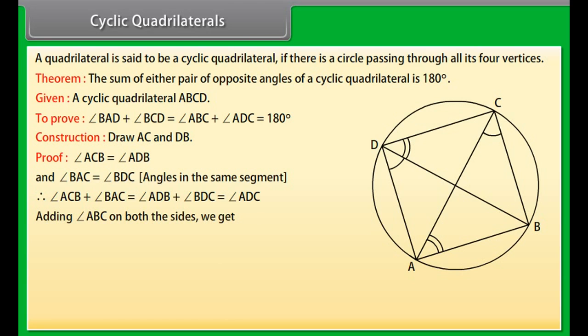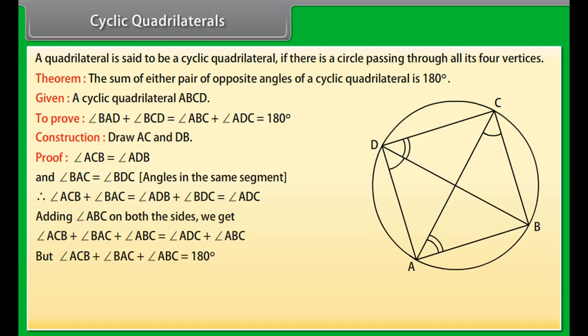Adding angle ABC on both sides, we get angle ACB plus angle BAC plus angle ABC, which is equal to angle ADC plus angle ABC. But angle ACB plus angle BAC plus angle ABC is equal to 180 degrees, because the sum of the angles of a triangle is 180 degrees. Therefore, angle ADC plus angle ABC is equal to 180 degrees.